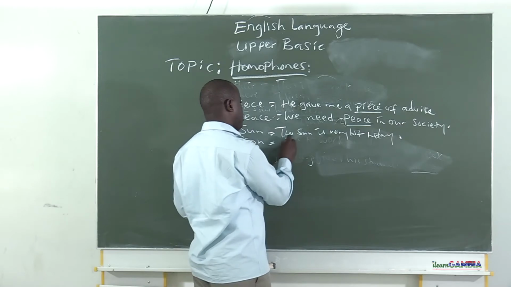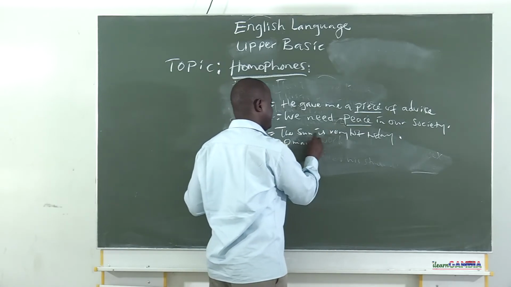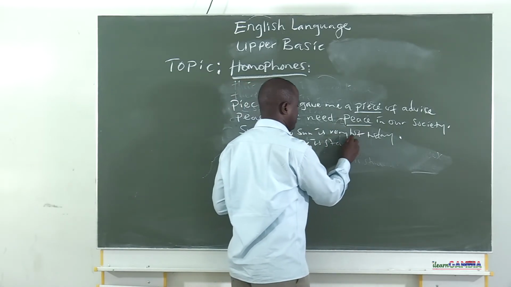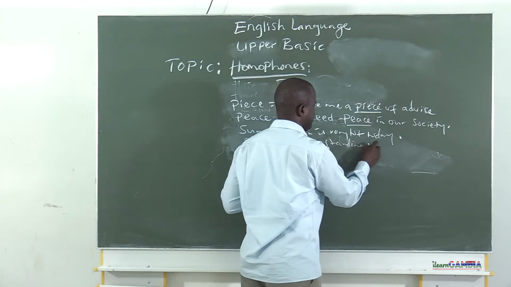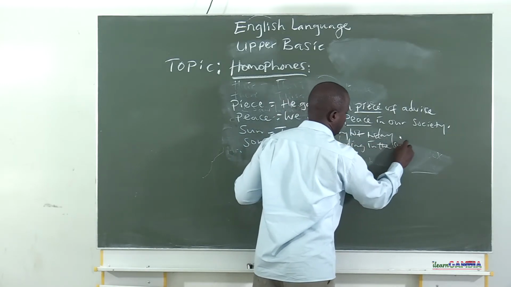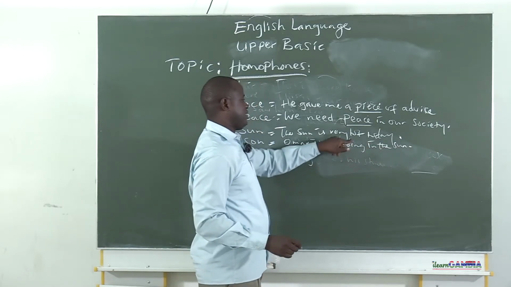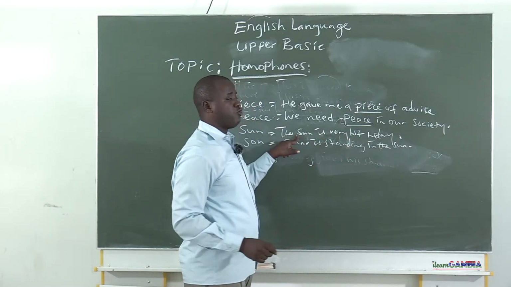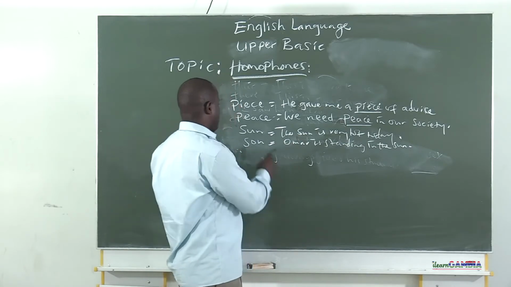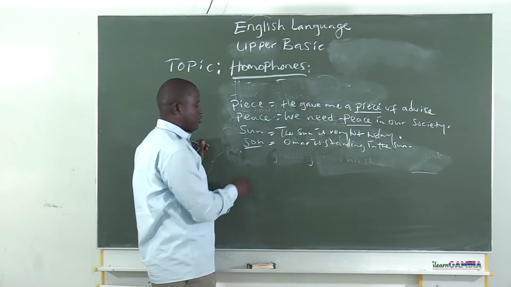Okay, we said Omar is standing in the sun. So we expect you to use this one, S-U-N, and here also we expect you to use this one. But when we come to this one, we're referring to a person.